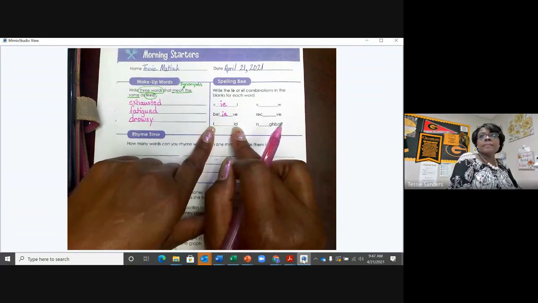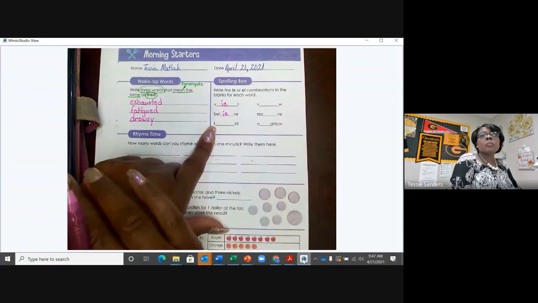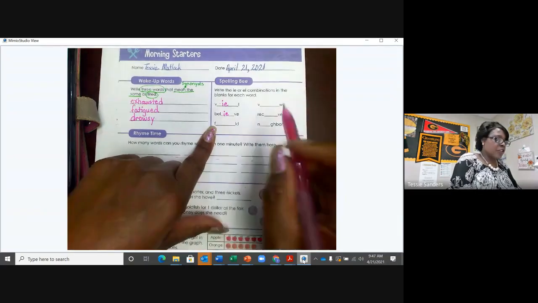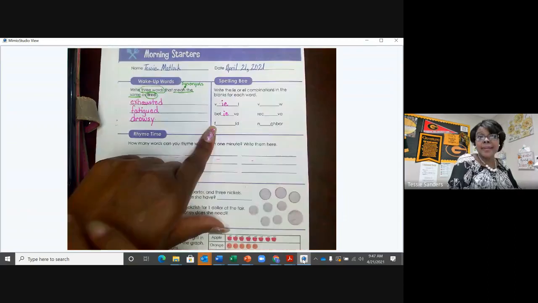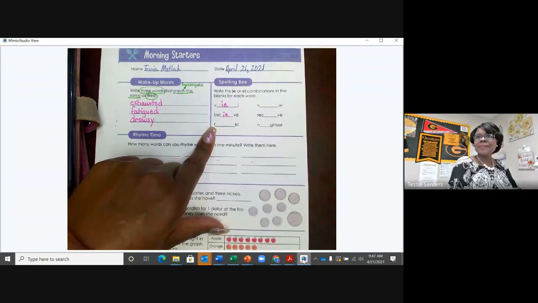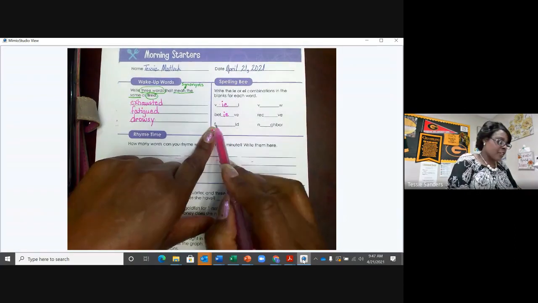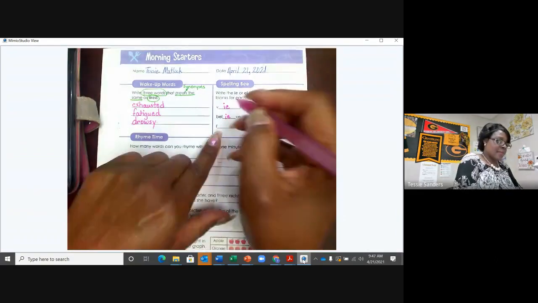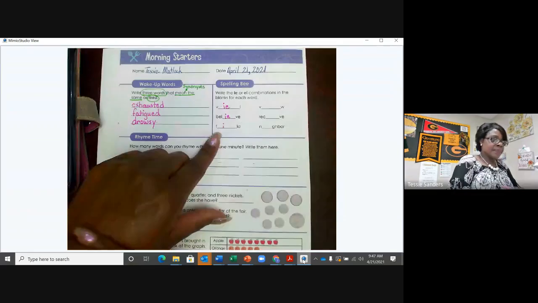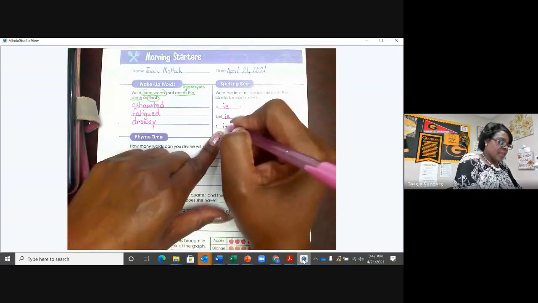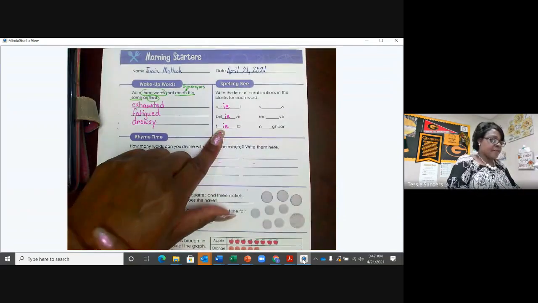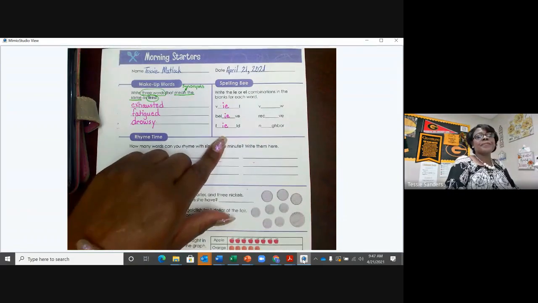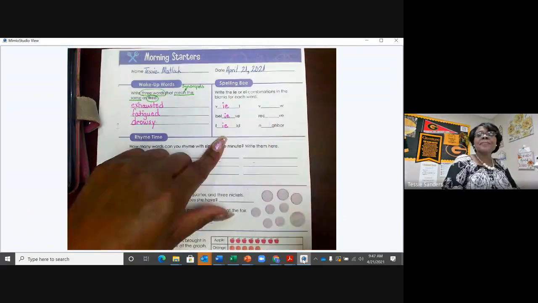Field. How would we spell field? Would we spell field with IE or EI? Take a look. FIELD. Field. Working on that spelling.